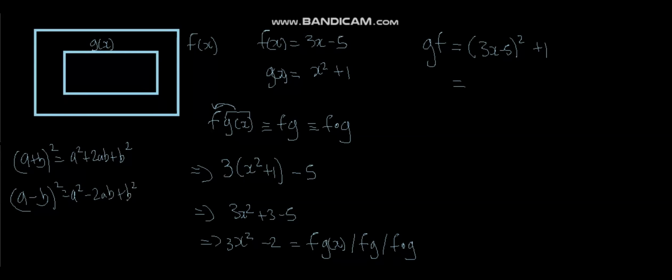Now using this algebraic property here of a minus b, where my a is 3x and my minus b is minus 5, I'm going to expand 3x minus 5 all squared. So 3x all squared is 9x squared minus 3x by minus 5 is minus 15 by 2 is minus 30.